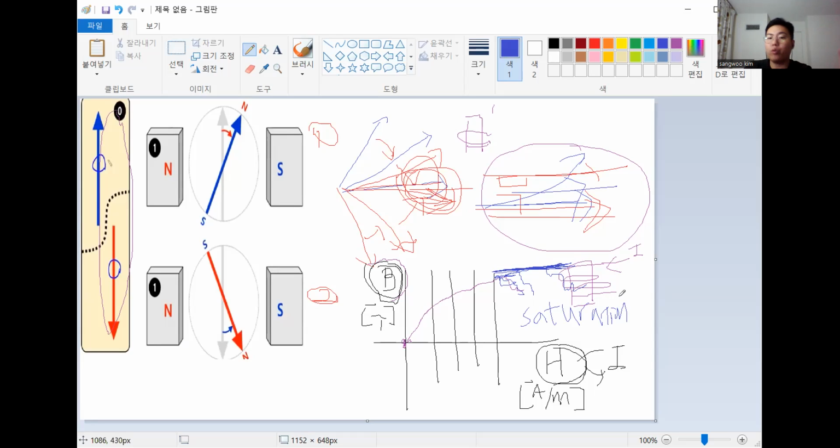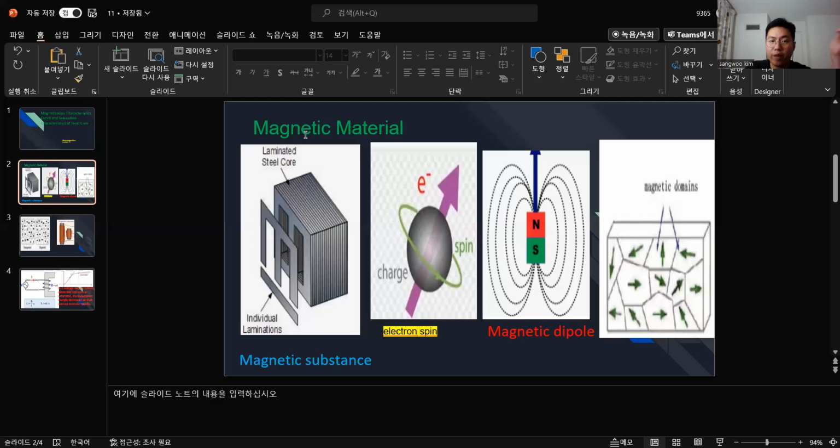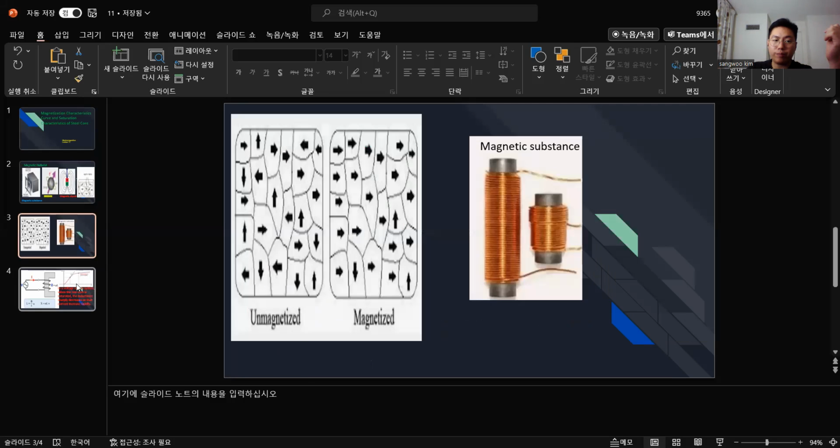Which means a steel core, or as I said, magnetic material like a steel core or magnetic substance, cannot avoid the saturation situation. It's a property, a characteristic. So you guys try to understand this part, and let's look at more.